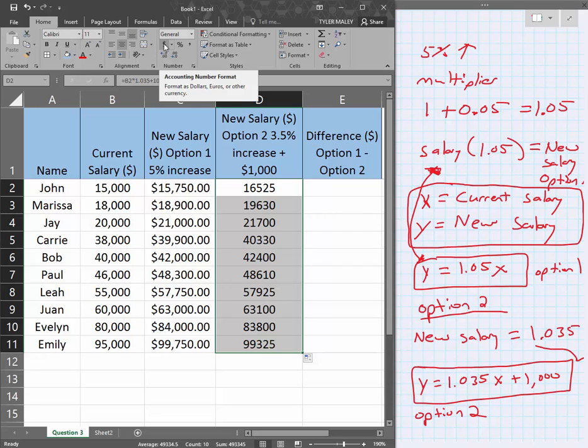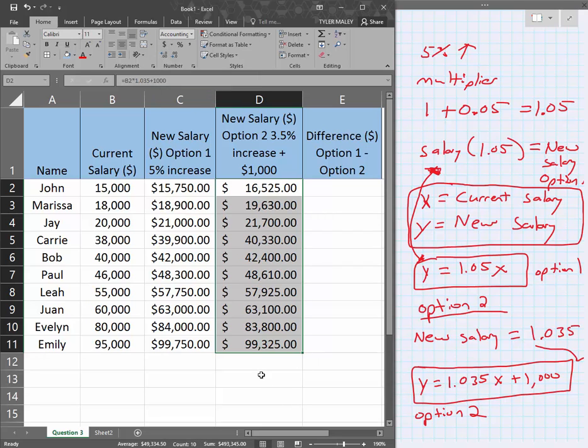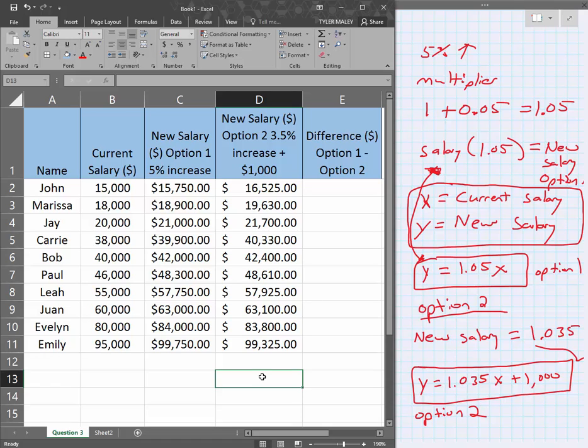And I can click on this dollar sign to show this as money. So you can see those values all the way down.